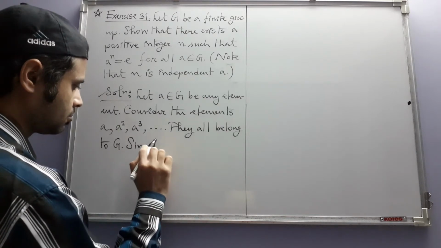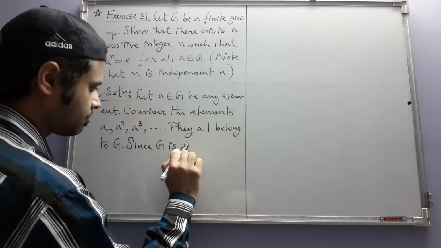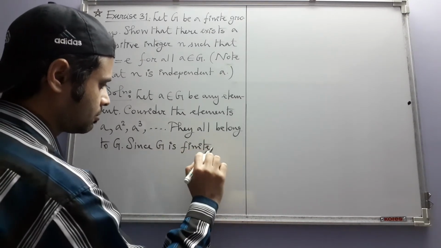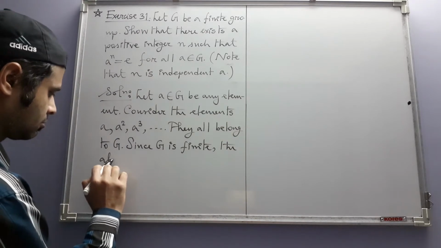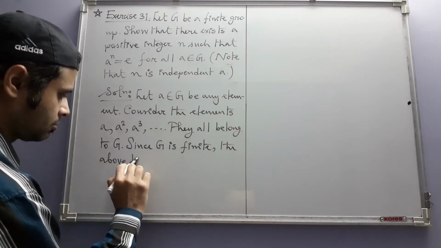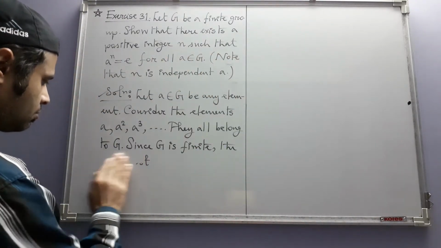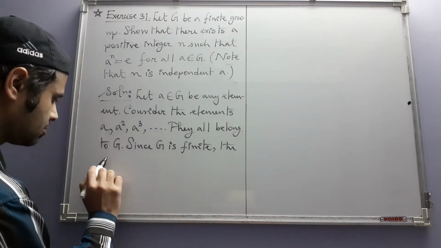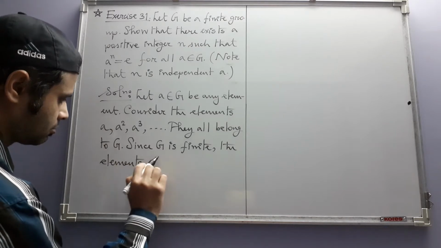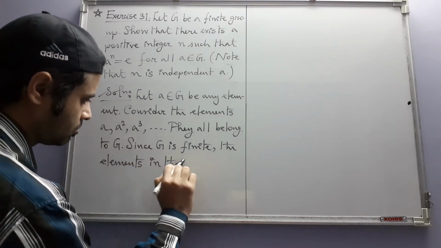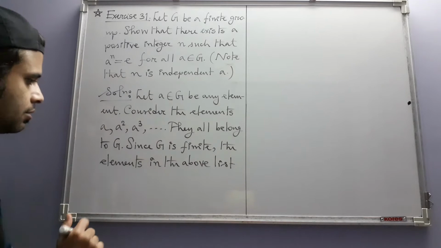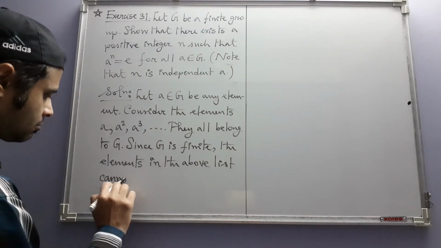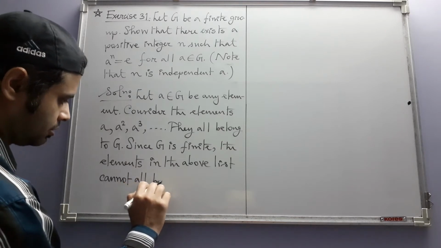Since G is finite, the elements in the above list cannot all be distinct.